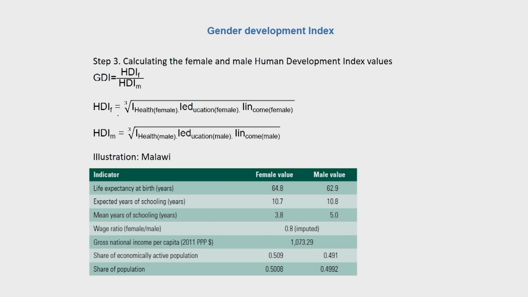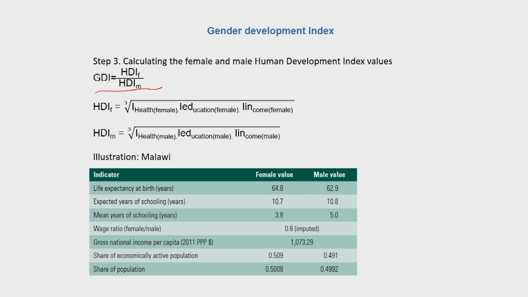So first the HDI for females is calculated, which is the geometric mean of the 3 dimension indices, and similarly the HDI for males is calculated, geometric mean of the 3 dimension indices, and in the final calculation GDI is HDIF by HDIM. So this is an illustration here for Malawi.